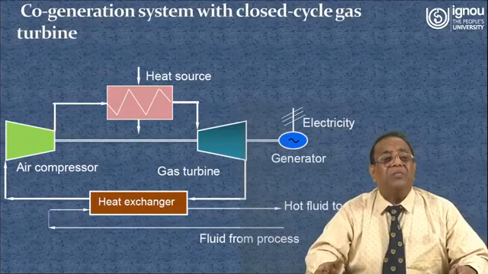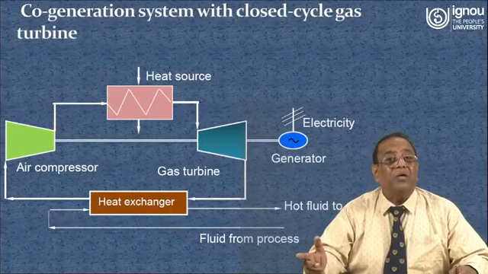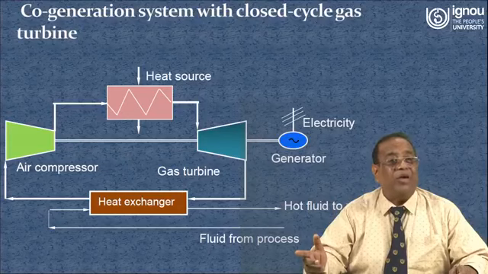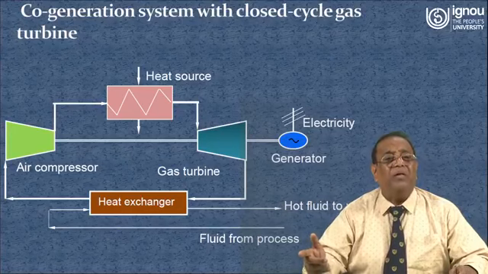Now, we will discuss the cogeneration system with closed cycle gas turbine. As you all know, in a gas turbine there is a compressor where air is compressed.